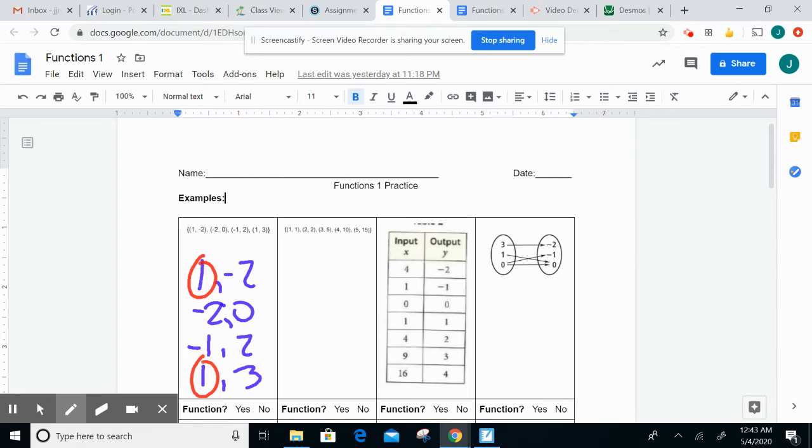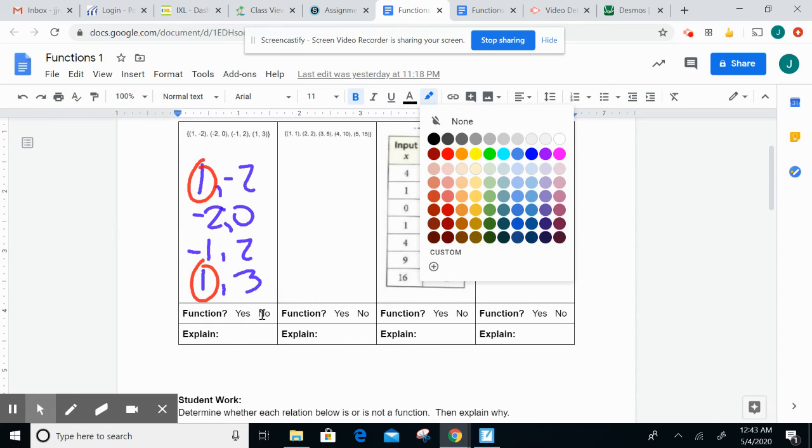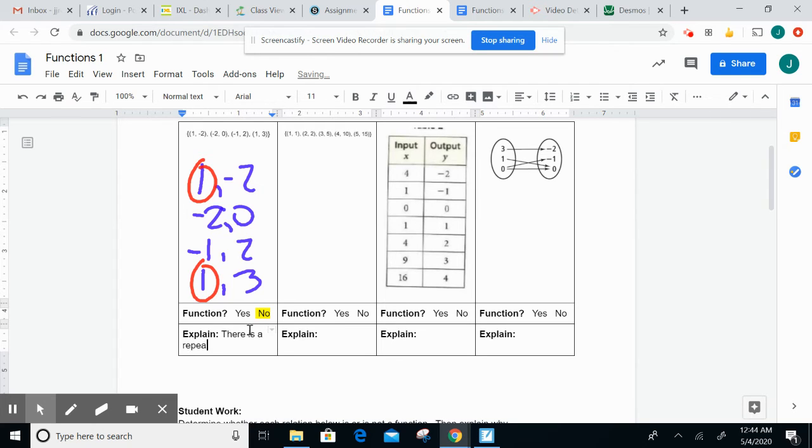So here's what you're going to do. You're going to highlight which one it is. It's a no. And explain. And the explanation is as easy as: there is a repeat for the x.